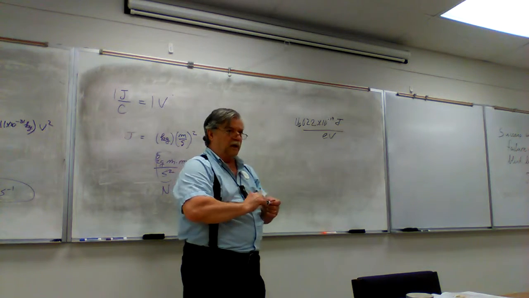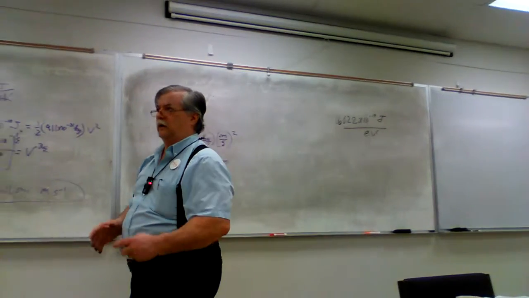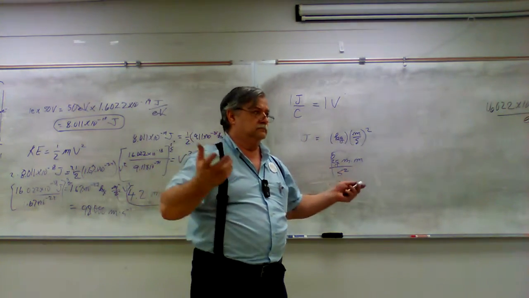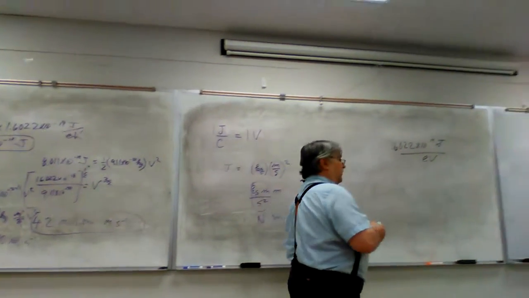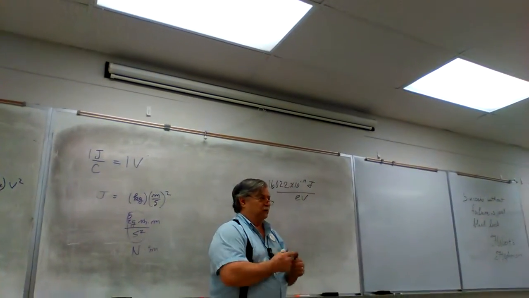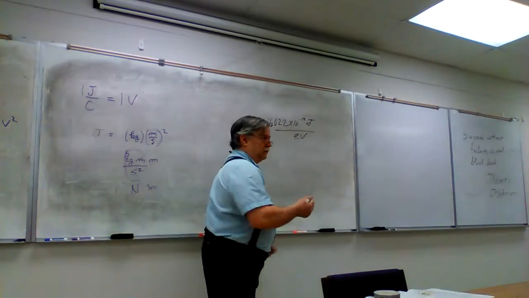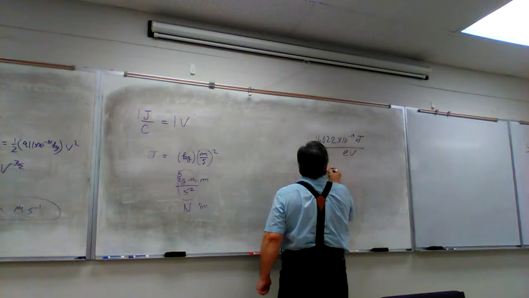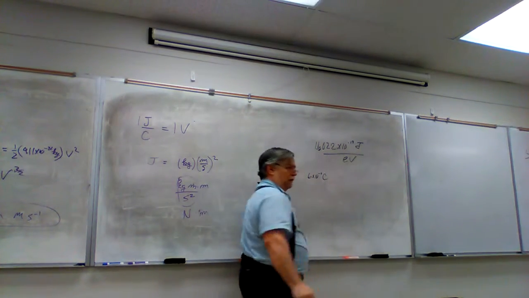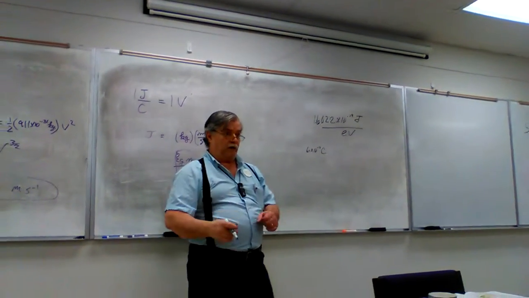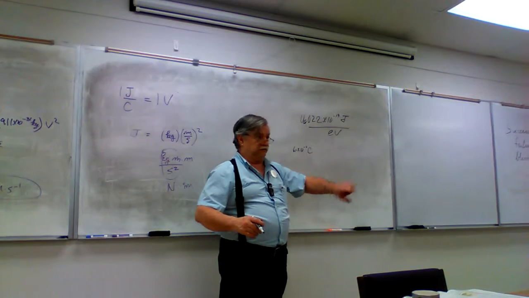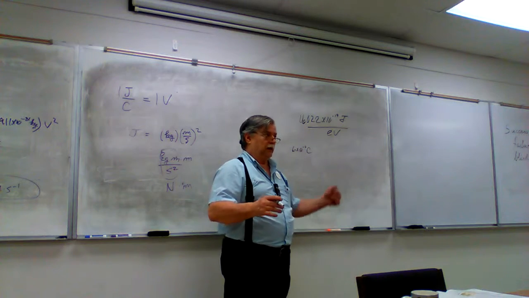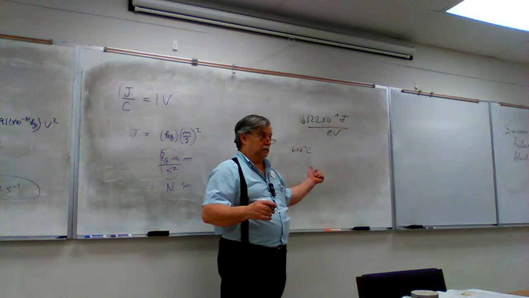If you're talking about a particle that has a charge of, say, 6 microcoulombs, and that particle is getting accelerated across 15,000 volts or 5,000 volts or whatever, how many EV would that be?